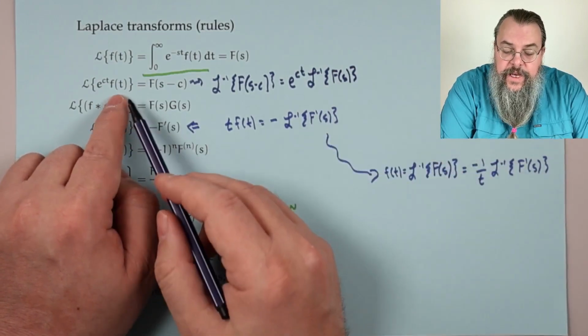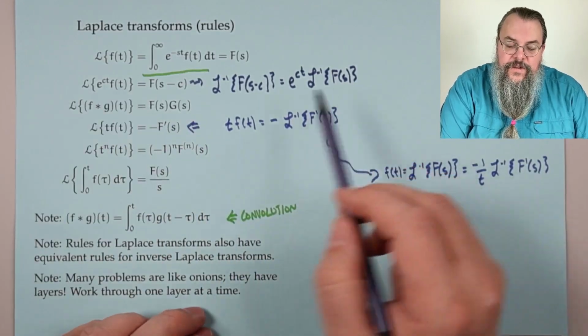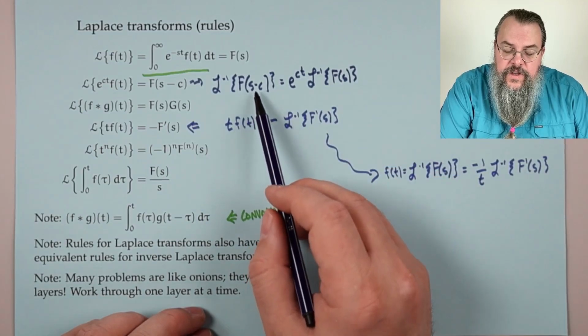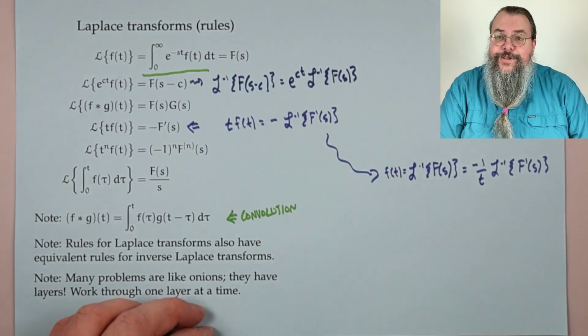So it would be e to the ct f of t, where f of t is the inverse Laplace of f of s. So essentially it says, if you see a shift, add an e to the ct, and figure out what to do without the shift.